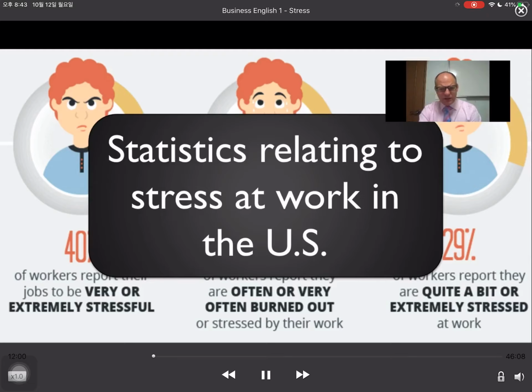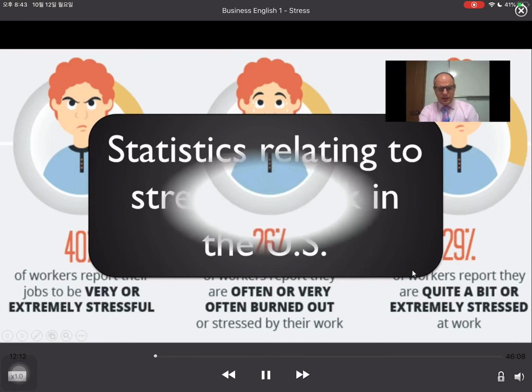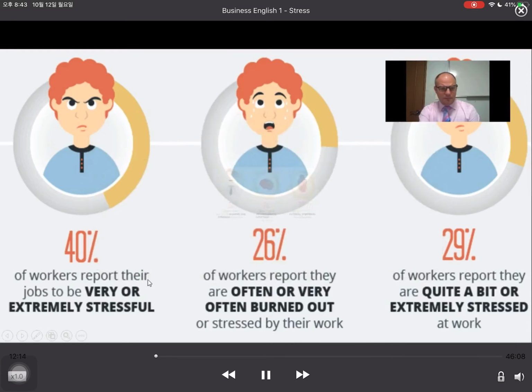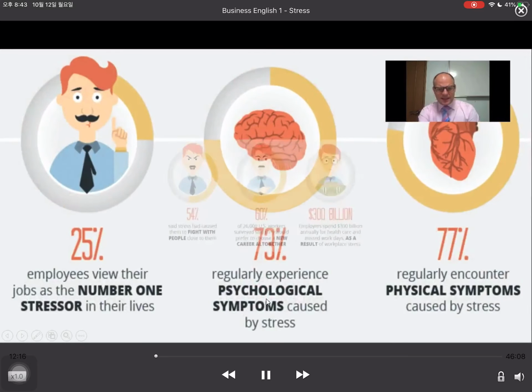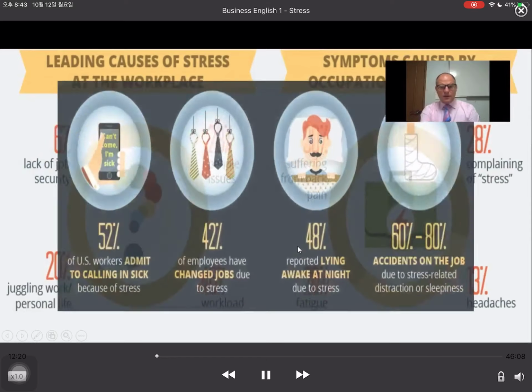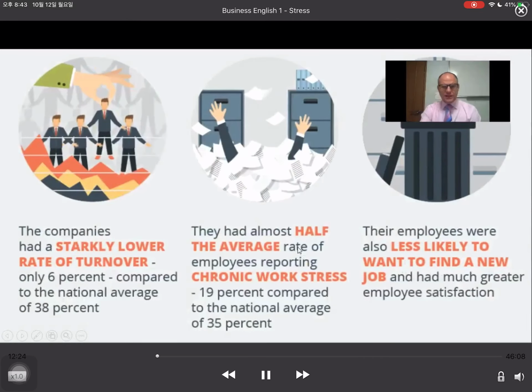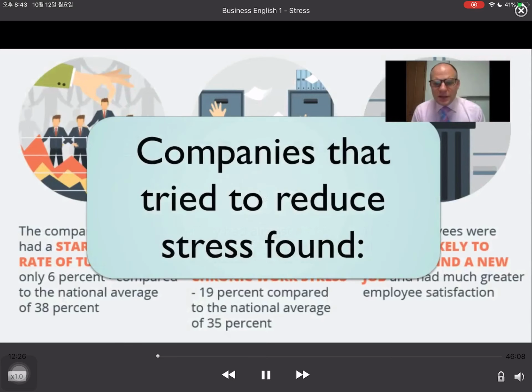Let's just go back and have a look at some of these statistics. Oh, right. There you go. 40% of staff psychological symptoms. Career changes, changing jobs, lack of energy. You know, there's so many.